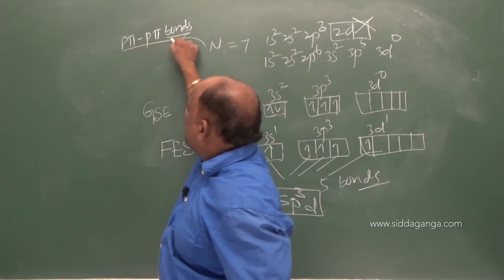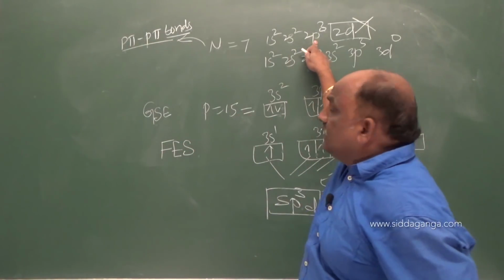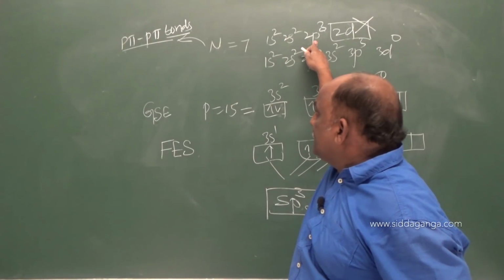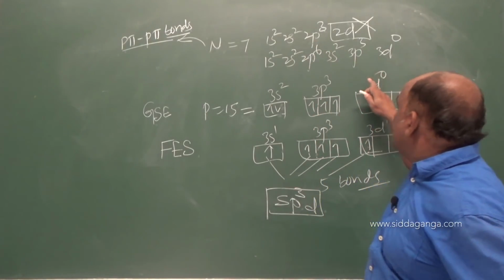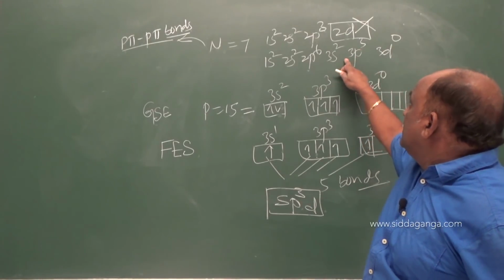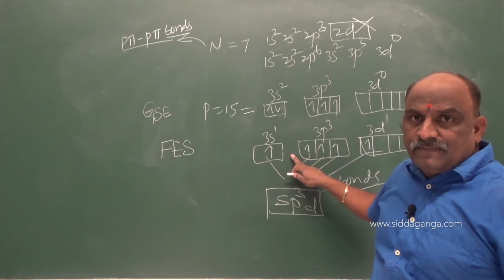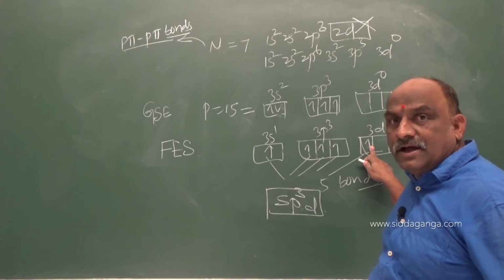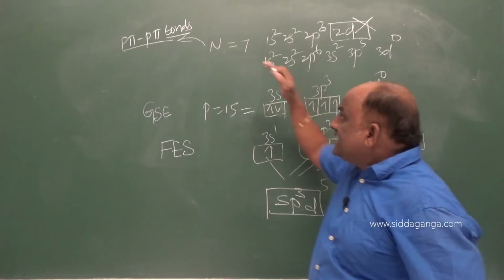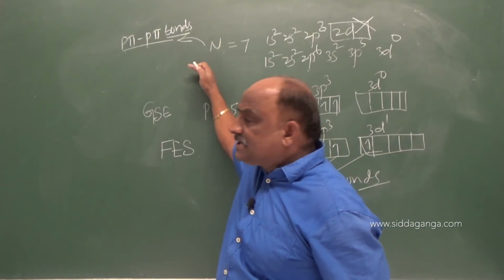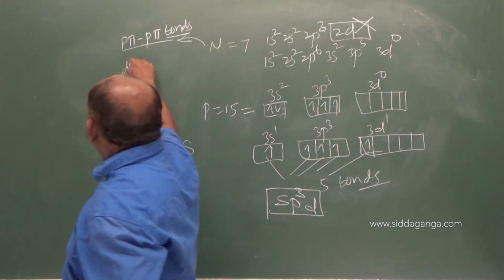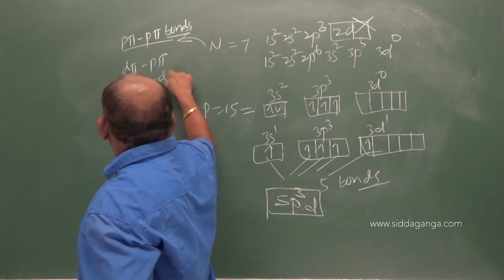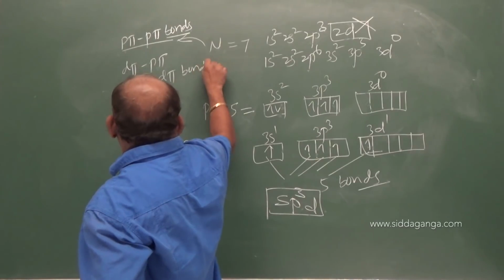So here, while coming to this point, nitrogen is ready to form p pi bonds, because electrons are present in only p orbitals. While coming to phosphorus, unpaired electrons are present in p orbitals as well as in d orbitals. So except nitrogen, the rest of the elements form d pi p pi and d pi bonds.